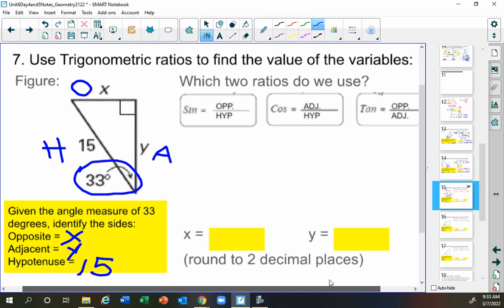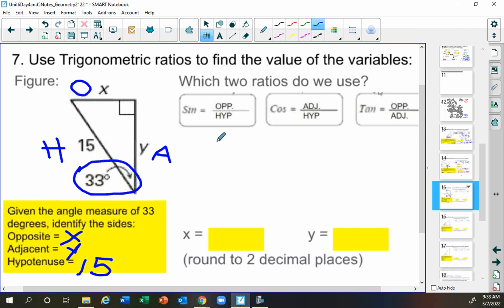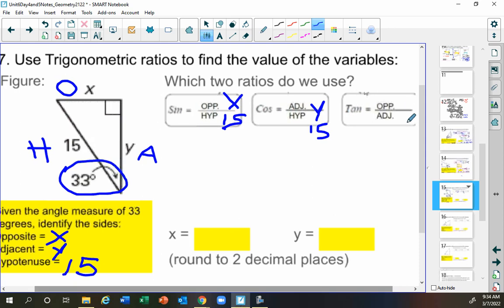And then once you get here, then you figure out what we are going to do. So then what we do, you fill in your blanks. So hypotenuse 15, opposite x. And then adjacent, y, hypotenuse 15. But now, opposite and adjacent.